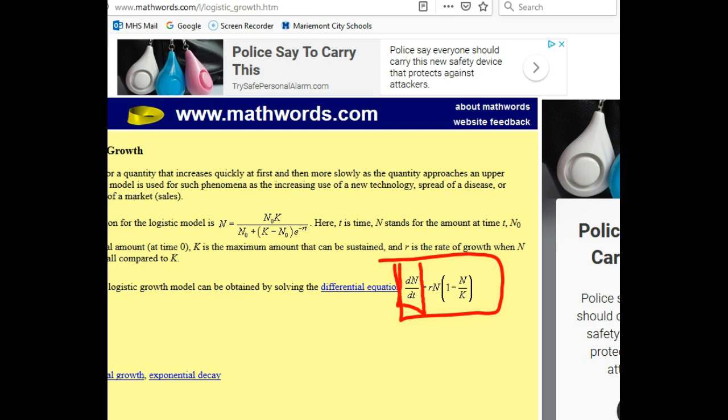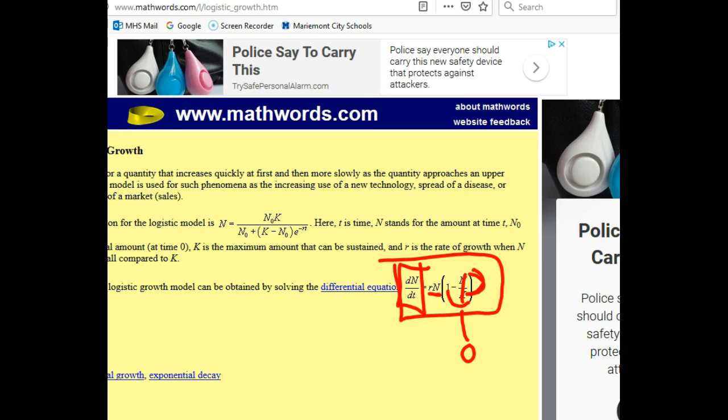So the rate of change of N is R times N. But as N approaches K, that approaches 1, and then this would approach 0. And that's the exact same equation we just had. Again, you don't need to have that off the top of your head. That's not something we're doing.